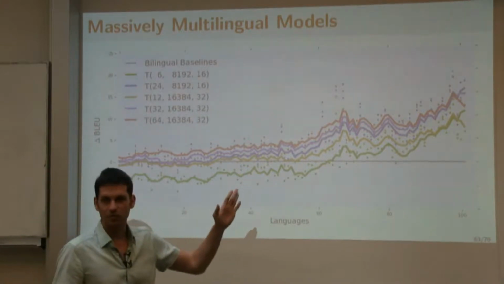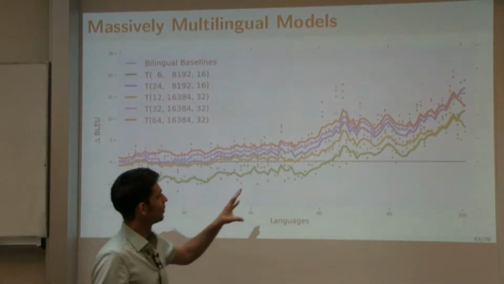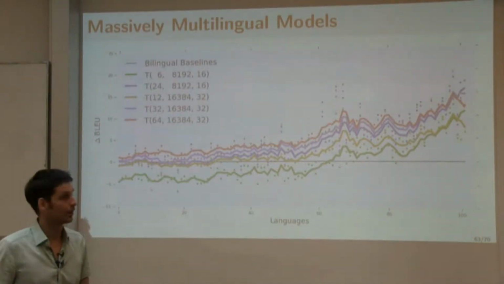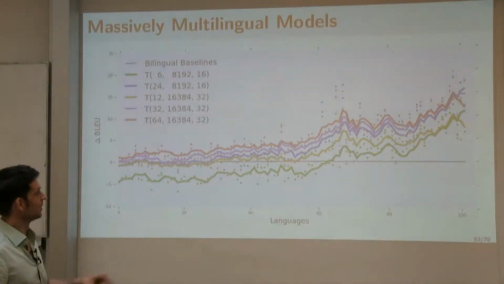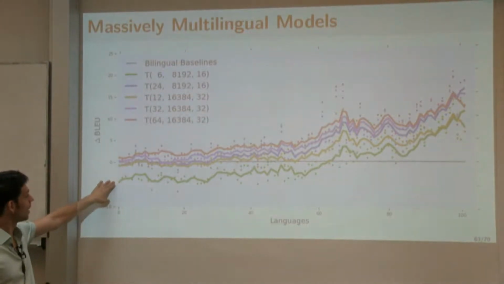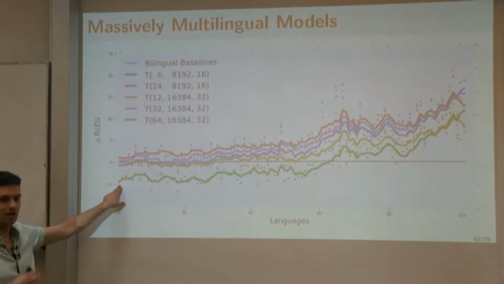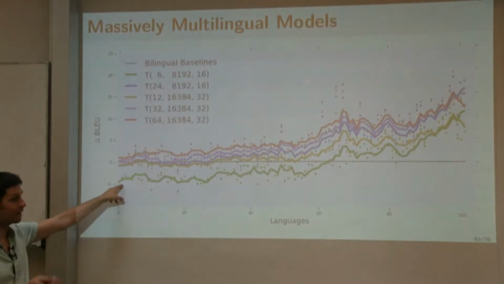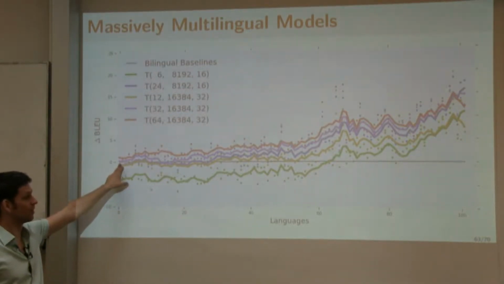This picture clearly confirms that it's the low resource languages that benefit from the multilingual setting. The high resource languages, if you use the normal transformer size, will actually suffer. So you can easily lose up to 5 BLEU points by including the uninteresting low resource languages compared to the baseline.